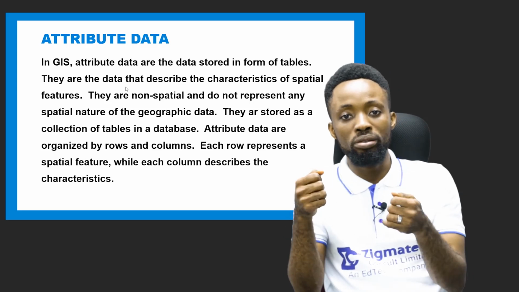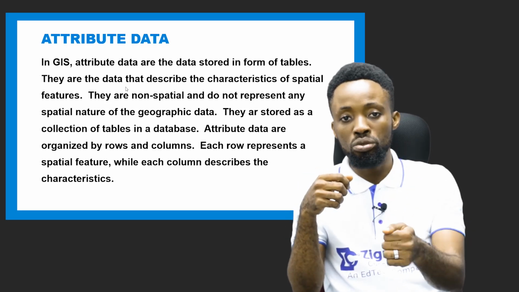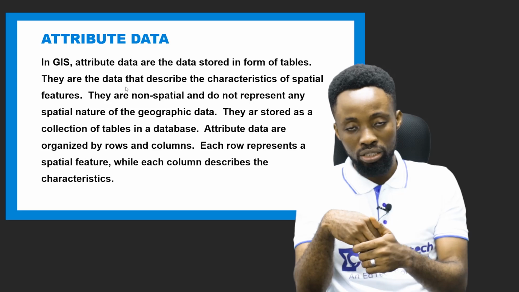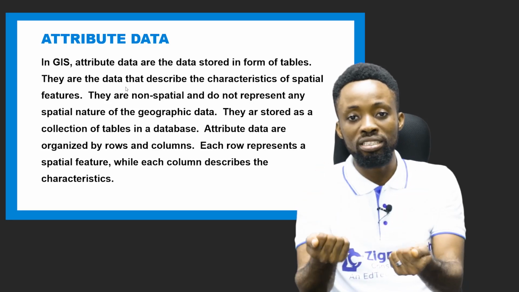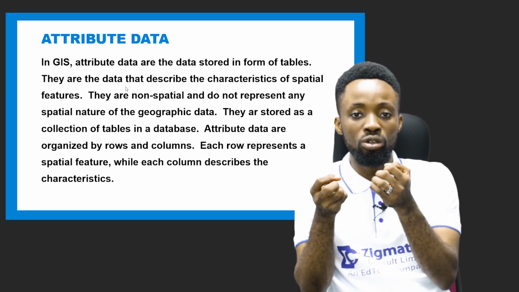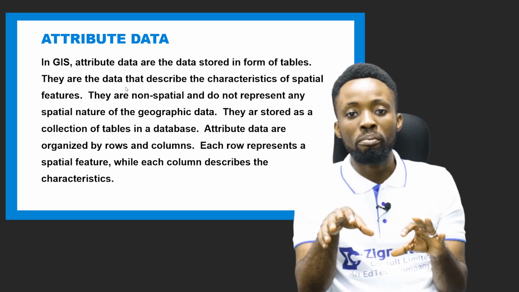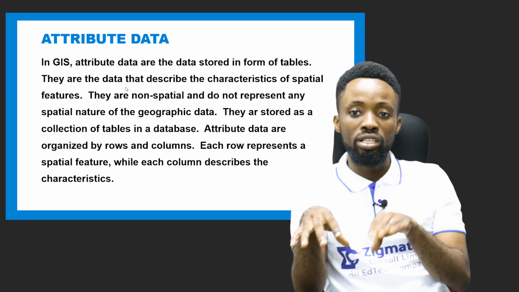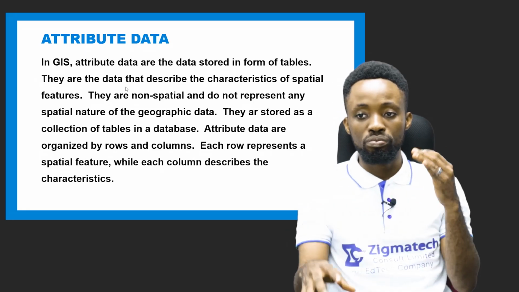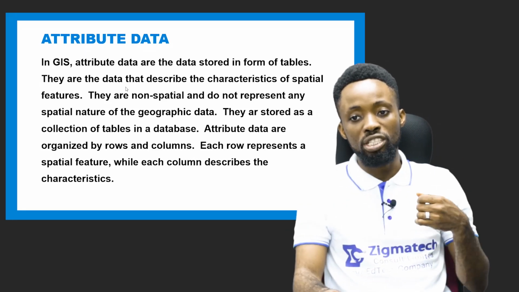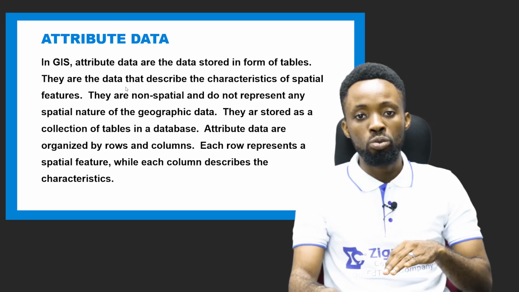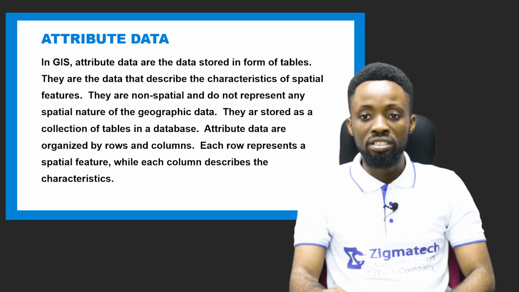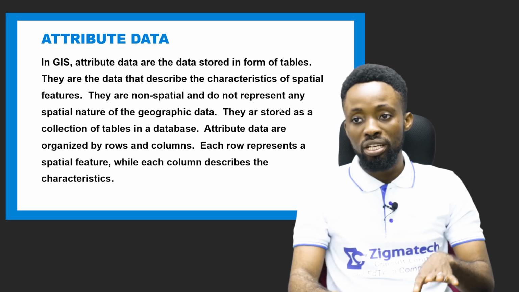You can easily go to the attribute data and get some sort of information about people on the earth's surface. Each row will represent a special feature, while the column will represent the characteristics. So that's what attribute data is.